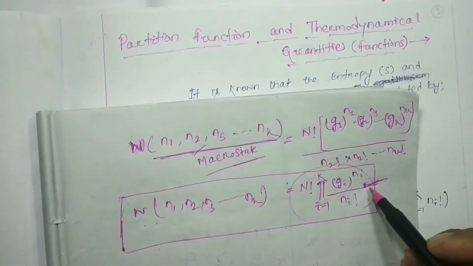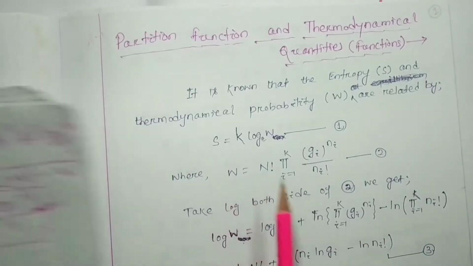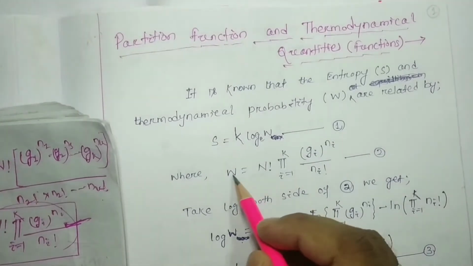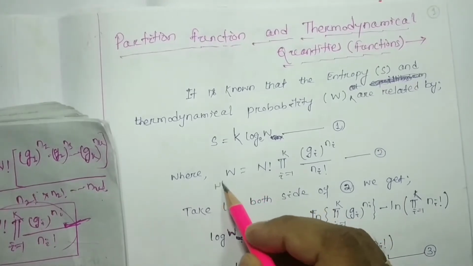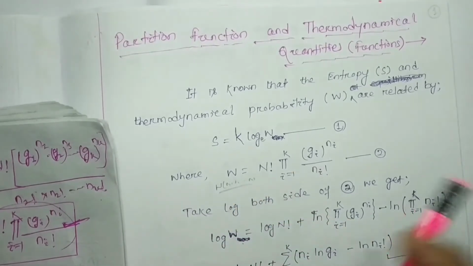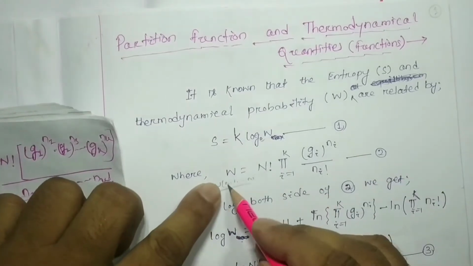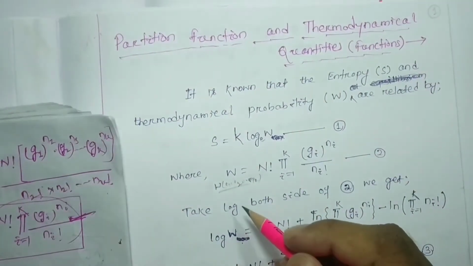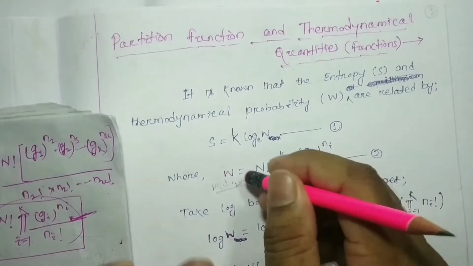Here it is written only as W, which you just have to consider as W(n1, n2 up to nk). That means for a particular macro state n1, n2 up to nk, W is the thermodynamical probability, or the so-called number of microstates.